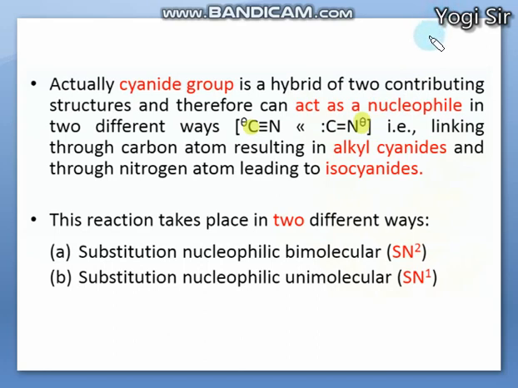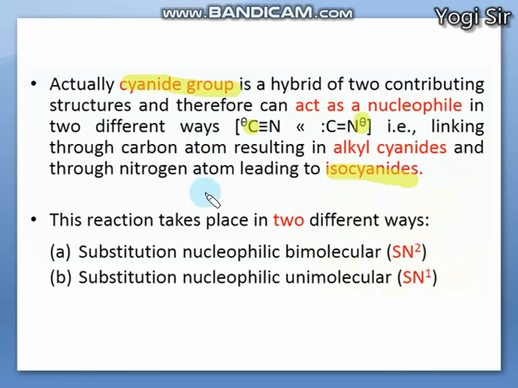So it can bind from both sides, either from carbon or from nitrogen. If it is linked from carbon, it would be a simple cyanide group, and if it is from nitrogen, it would be isocyanide. So it can work in these two different ways, as mentioned here.